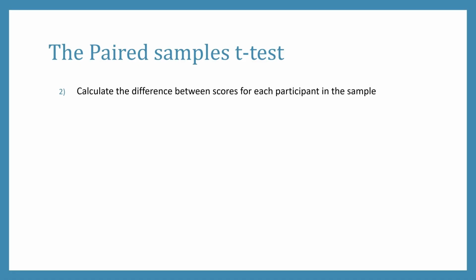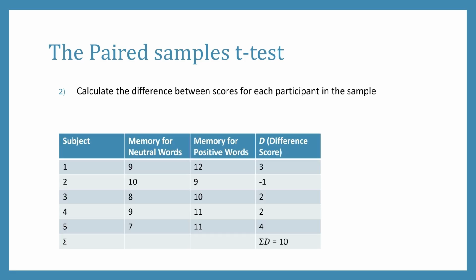All right, so now we move on to the second step, which is just to calculate the difference scores for each participant in the sample. So say I do my study, I collect my data, and this is what I get. I have 5 participants in my study. I test them on their memory for neutral words and memory for positive words, and I get the following data.